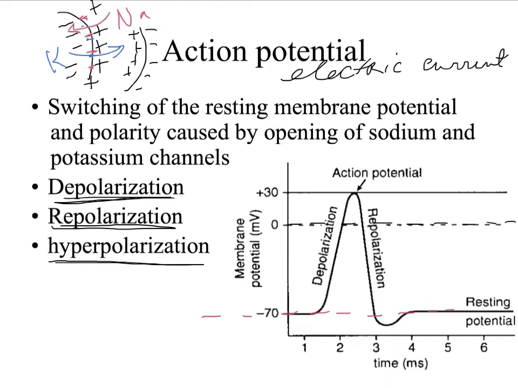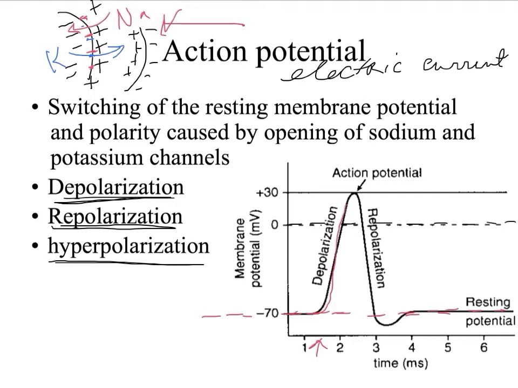So the cell is sitting here doing absolutely nothing, totally content at minus 70 millivolts. Okay, something happens here and causes a stimulus, and that stimulus is going to start reversing the charges that we talked about up here, and it's going to depolarize that cell membrane.